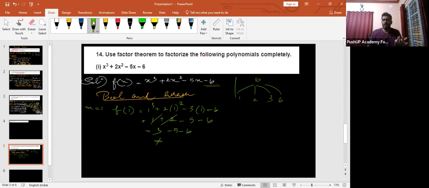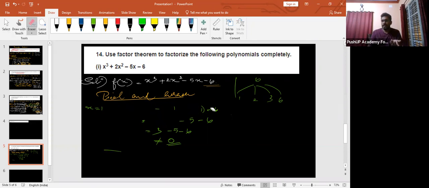In no way you're going to get a 0 here, right? The moment you get the remainder 0, you can say that this particular expression is a factor of the polynomial, isn't it? But here the remainder is not a 0, so this is not going to work out. Sachin, I think you need to recheck because you said x minus 1 is a factor.